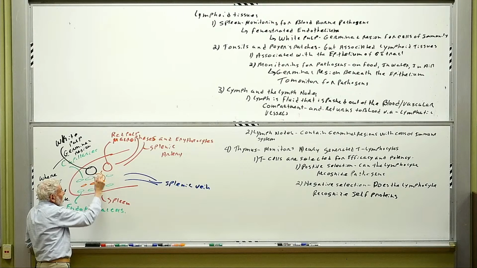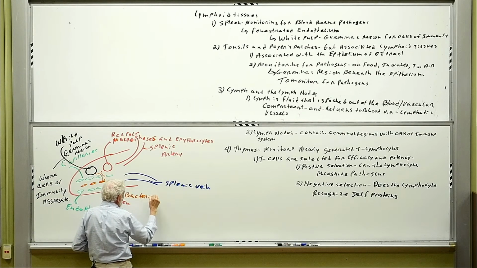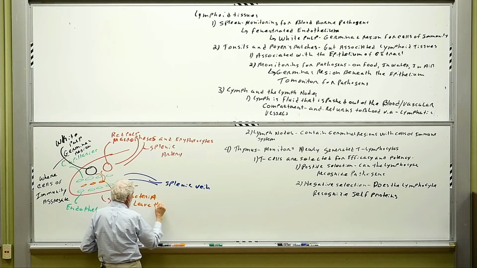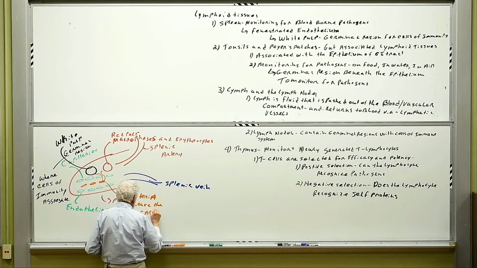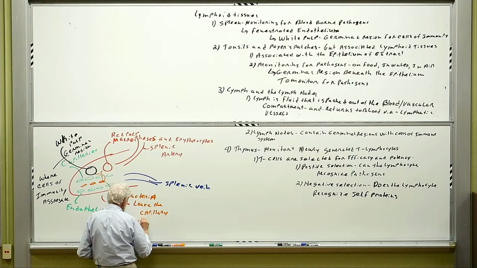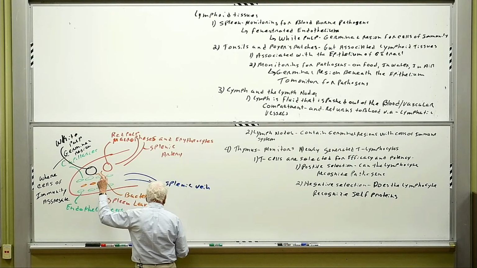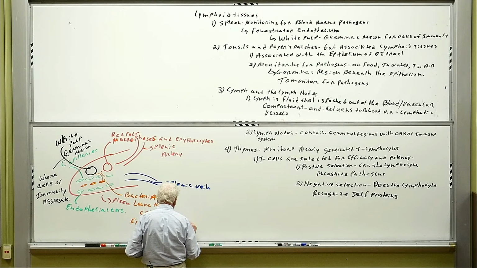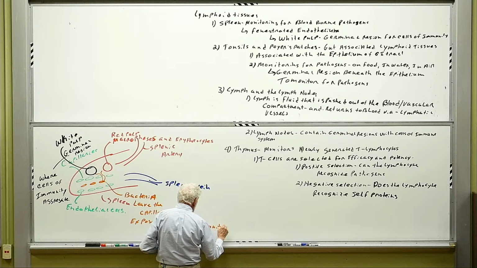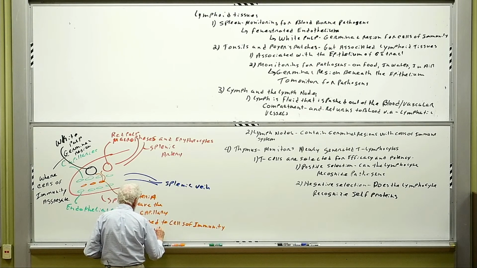Now, as these bacteria leave the capillary, they're exposed to cells of the immune system. They're being exposed to cells of immunity in the so-called white pulp.